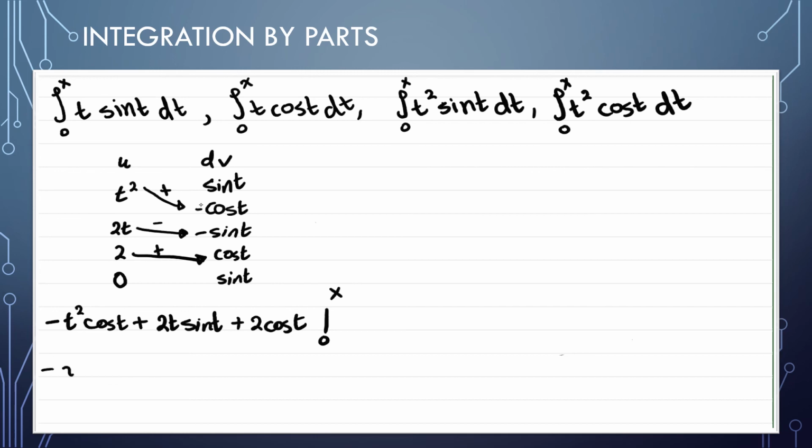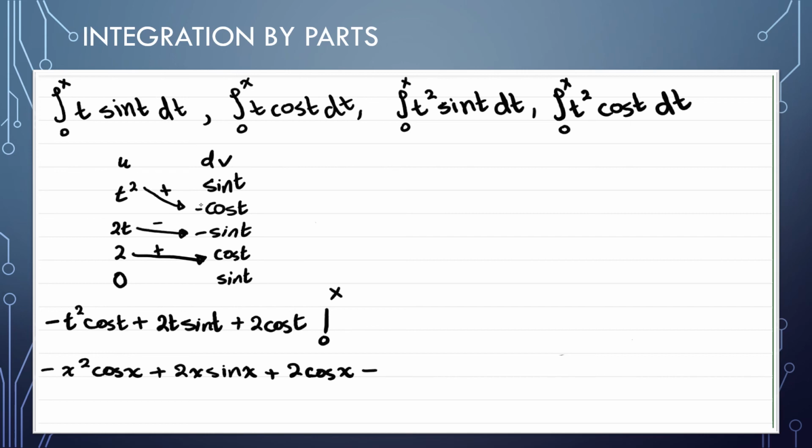So minus x squared cosine x plus 2x sine x plus 2 cosine x minus substitution with 0.